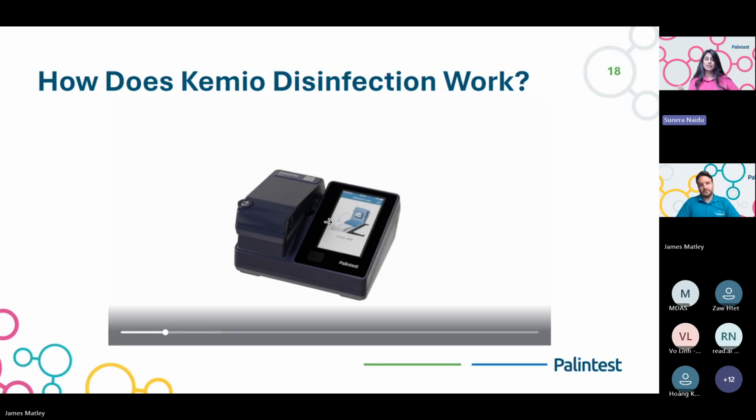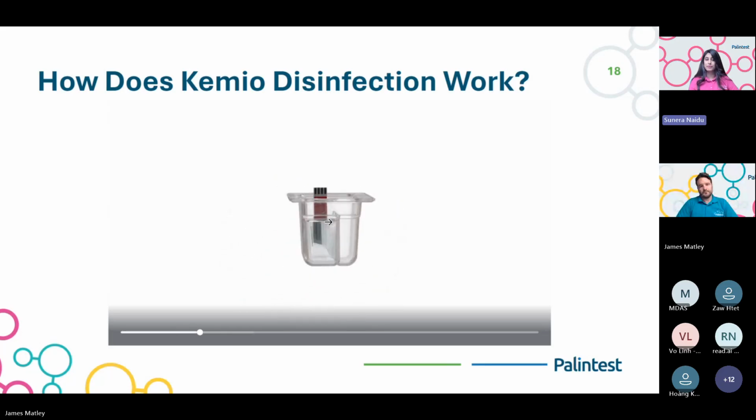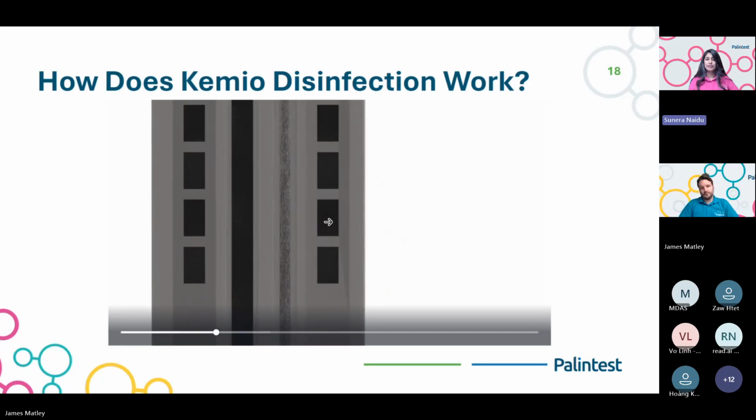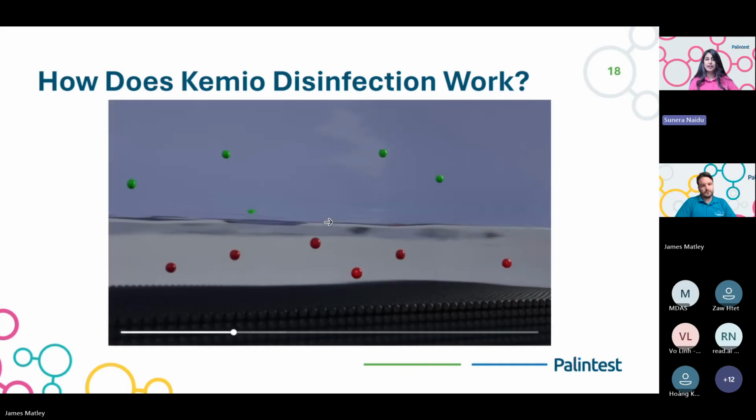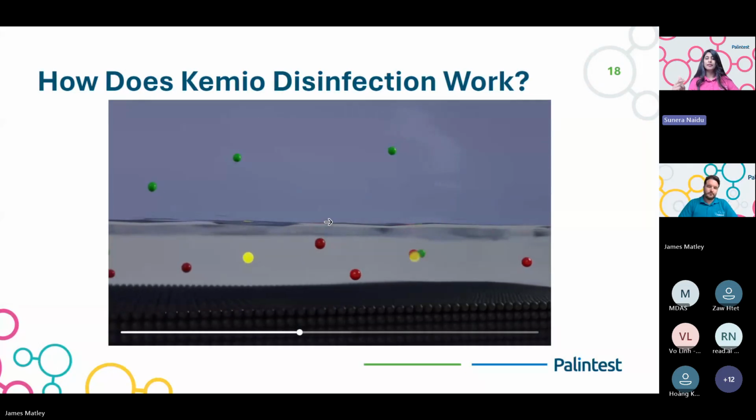It's a similar process that happens with all types of disinfection that the Chemio is able to measure. Chlorine dioxide, peracetic acid. So it's a similar type of reaction. The reaction occurs on the surface of the sensor.